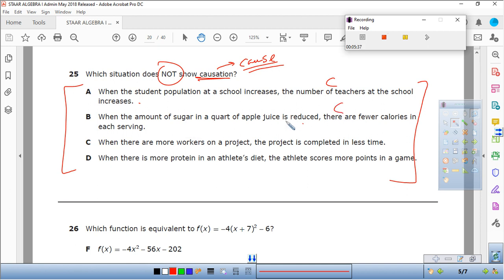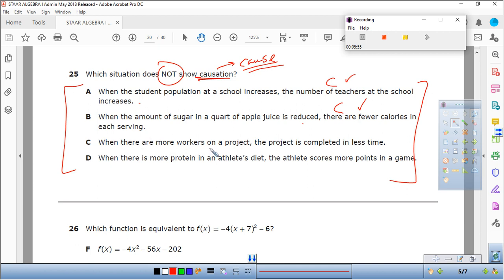Well, that's true, right? Calories are like sugar, kind of energy. So the less sugar, the less energy in the juice, there'll be less in each serving. I'm going to say those two show causation.